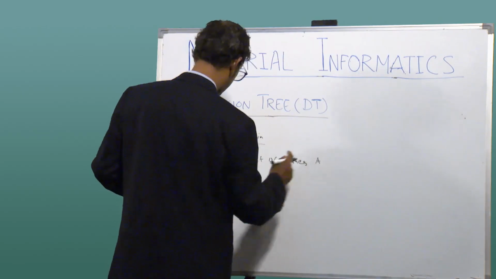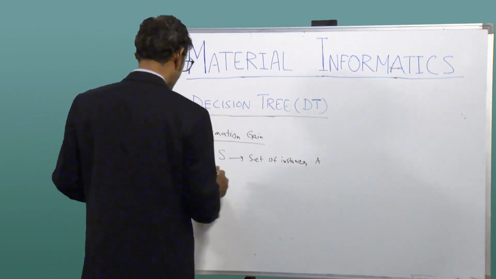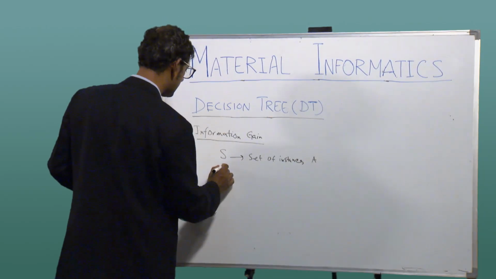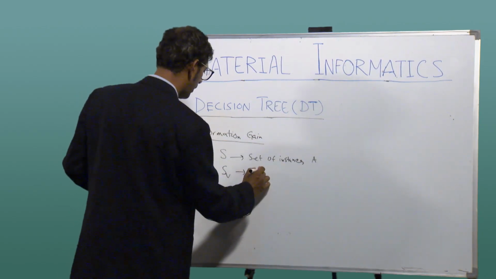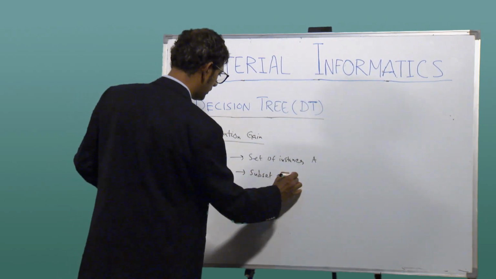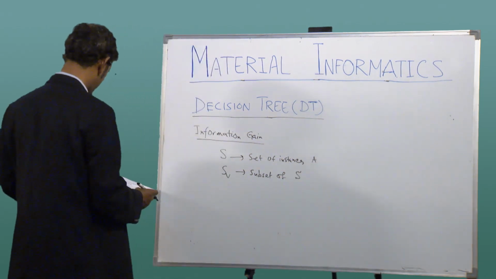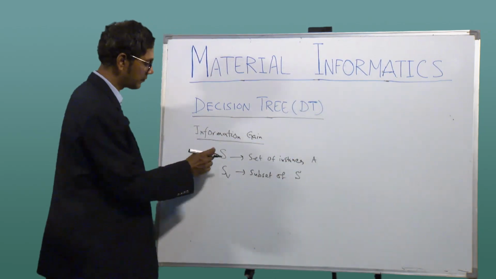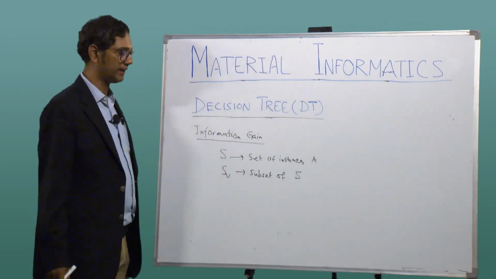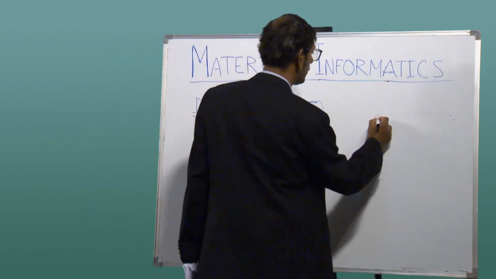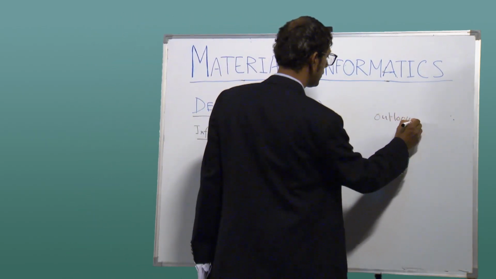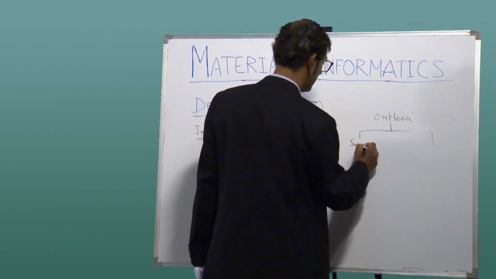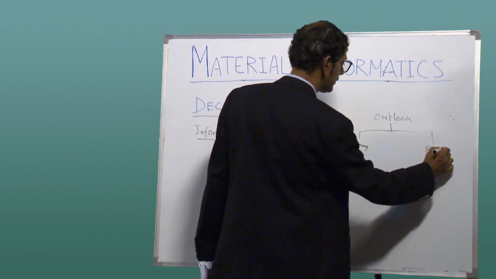Now, I create a subset, SV, which is a subset of S, and I create this subset from S by using this attribute A. Very simple, like you have outlook and then you have two important things, sunny, rainy.